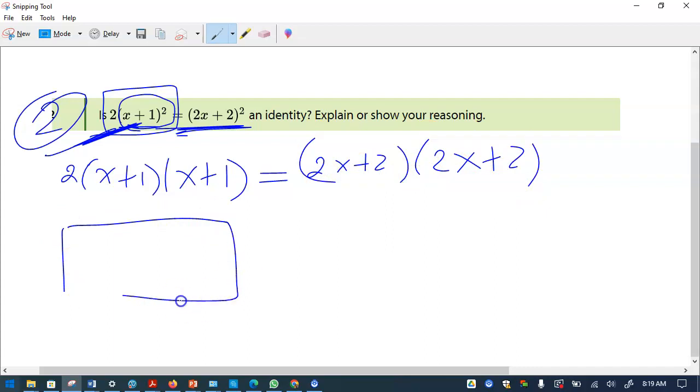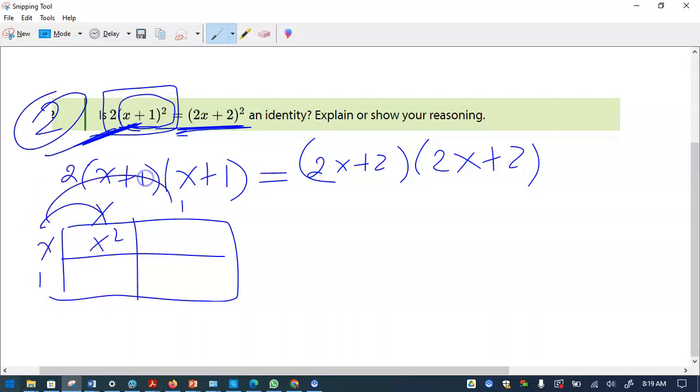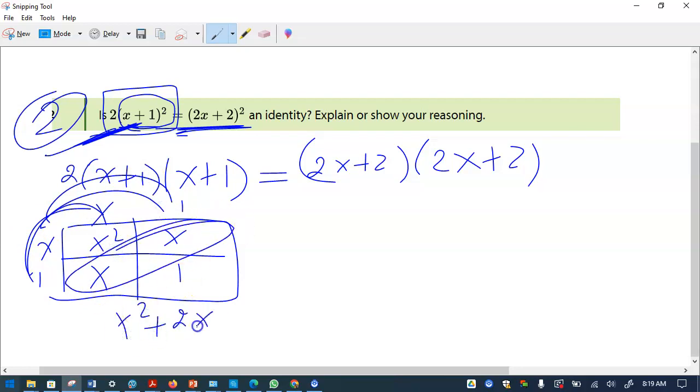So you can use x plus 1 like this. x and x is x squared. This will be x, this will be x, and this will be 1. Then you combine this and you get x squared plus 2x plus 1. But there's a 2 outside which gets multiplied, right? So when you multiply by 2, you distribute this and you get 2x squared plus 4x plus 2.